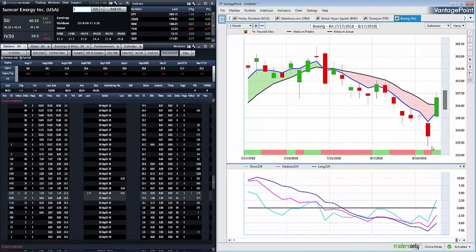That is a measure of short-term weakness or strength. And then these are called the predictive differences, and these are confirming indicators on what you're seeing up here. In the case of a bullish indication, you want all 3 of these moving with an upward slope, meaning pointing up, and in a bearish situation, you want all 3 of those moving down. So that is a quick overview of the Vantage Point platform.